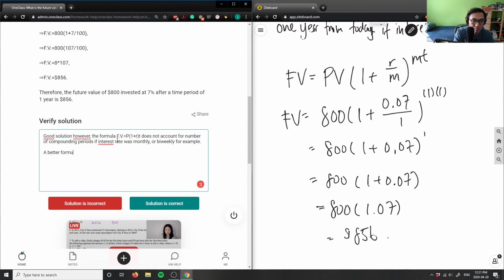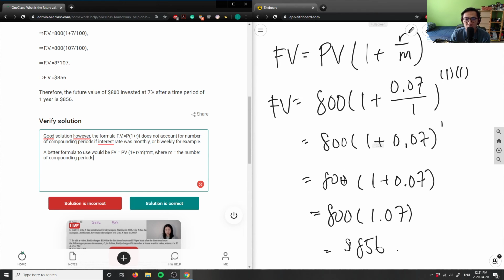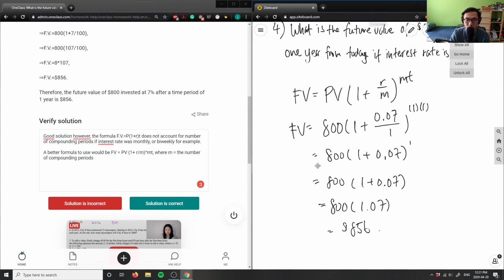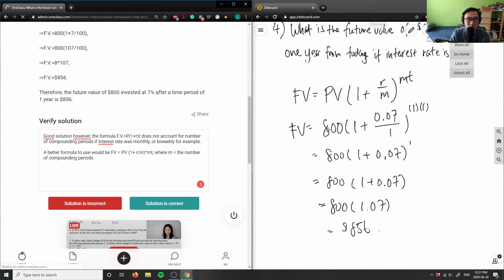A better formula to use would have been, and my formula is, FV equals PV times 1 plus R over M to the power of MT, right? Where M equals the number of compounding periods. Sweet, so the solution here is correct. I just didn't like the formula that they used, but it's okay. The solution here is correct. And we're off to question 5.